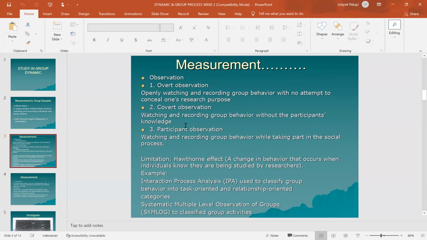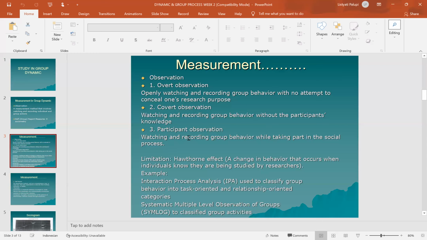So in this type of observation, the observer is not only watching and observing the behavior of the members in the group, or the processes that happen in the group, but the observer is also involved and takes part in the activities that are held or happen in the group.